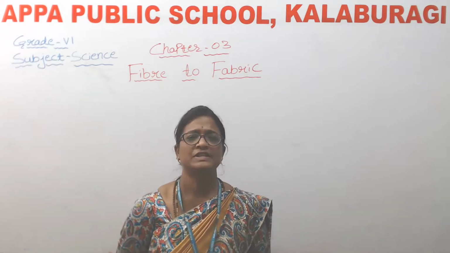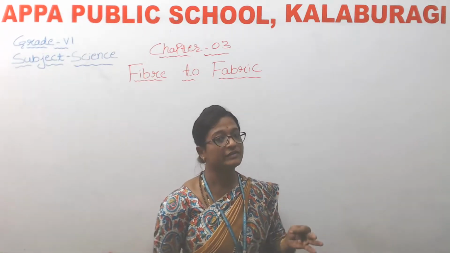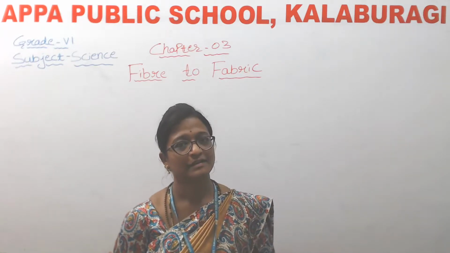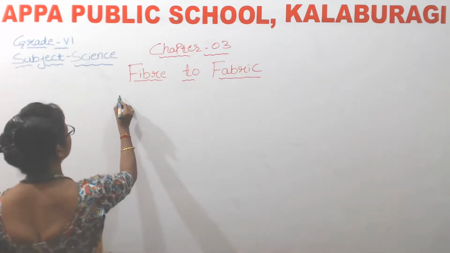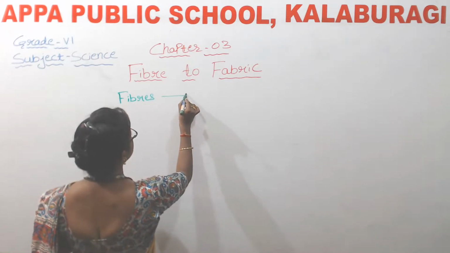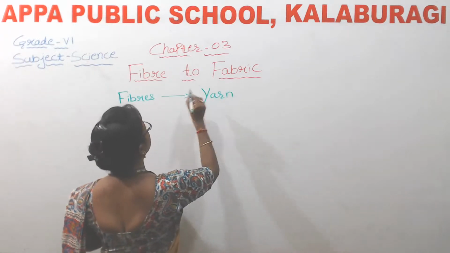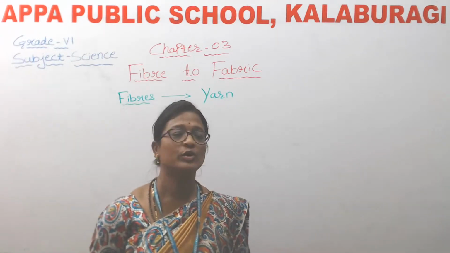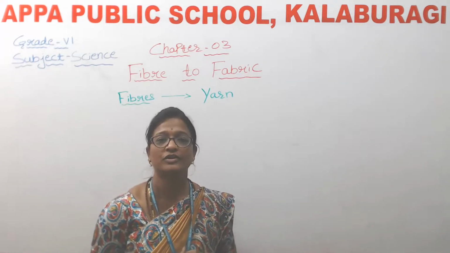So the fibers which are obtained from plants or animals or even from chemicals, how are they converted into yarn? Do you have any idea? We know that several thin strands are twisted together to make yarn. So what is the process? What do we call it?